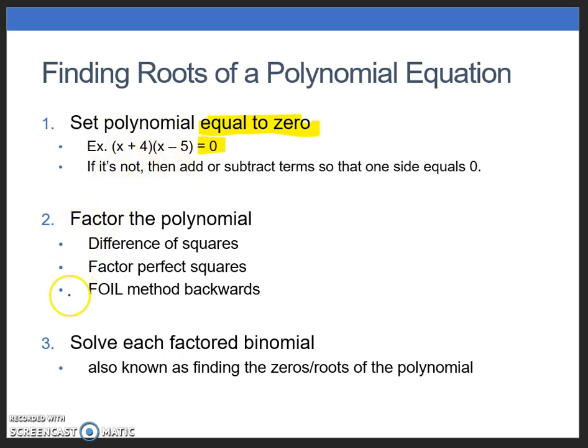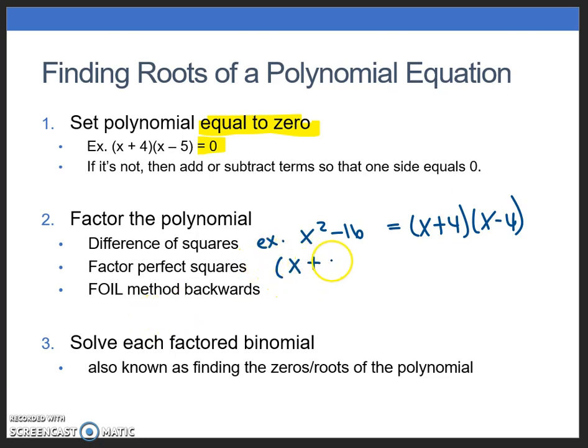These are the different ways we've learned to factor. Using difference of squares, for example, if it's x squared minus 16, I'm subtracting two perfect squares. This one would factor to be x plus 4 and x minus 4. Factoring perfect squares looks like a binomial squared when factored.